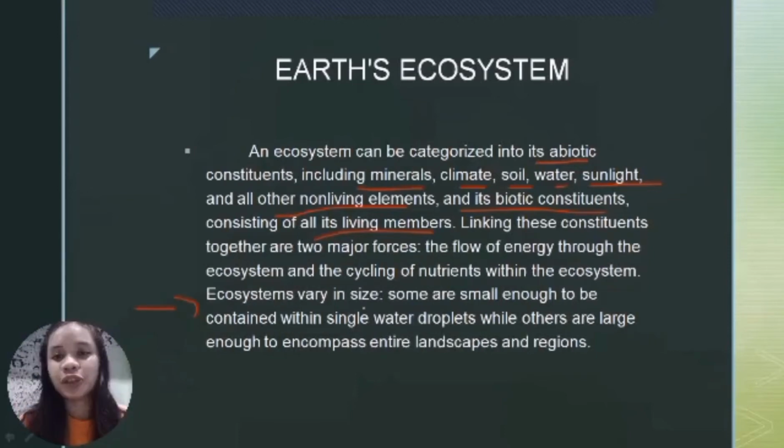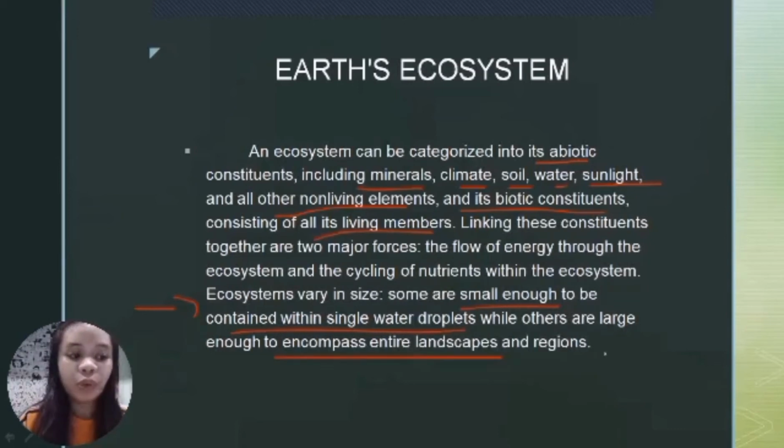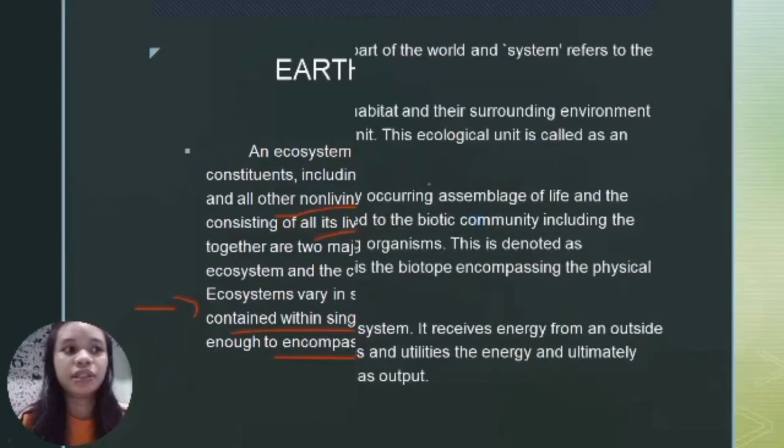The size of an ecosystem varies. Some are small enough to be contained within a single droplet of water, while others are large enough to encompass entire landscapes and regions.